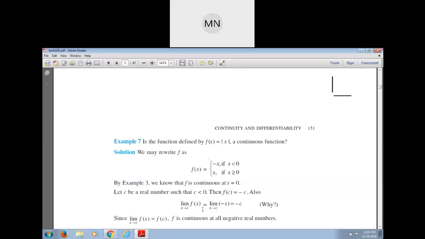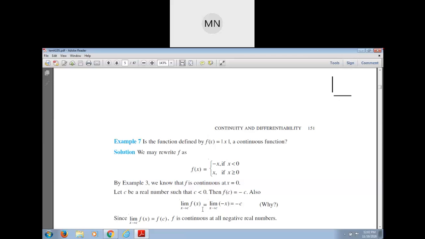The limit as x tends to c of f of x is also what? Yasmin, tell me.